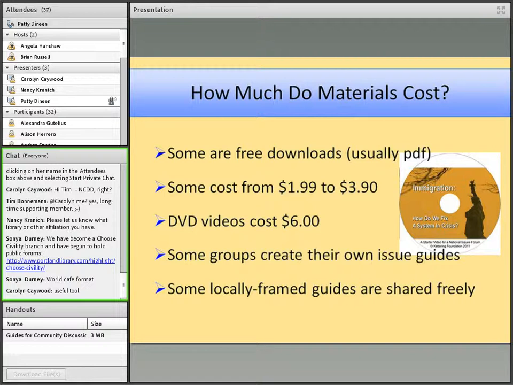Otherwise, the cost is usually ranging from $1.99 for a PDF download of the issue guide to $3.90 for those older, longer issue books. The DVDs cost $6 plus shipping. And then, as I said, some groups are making their own issue guides freely available to share with others too.